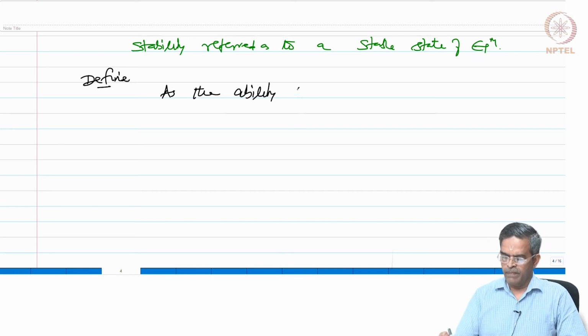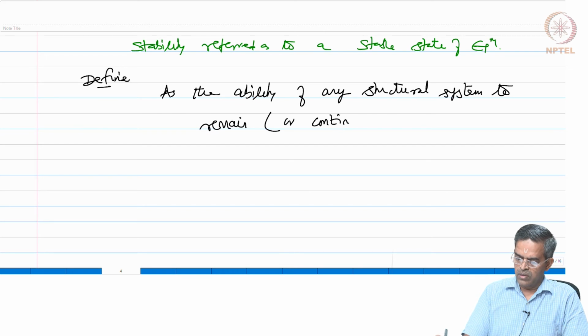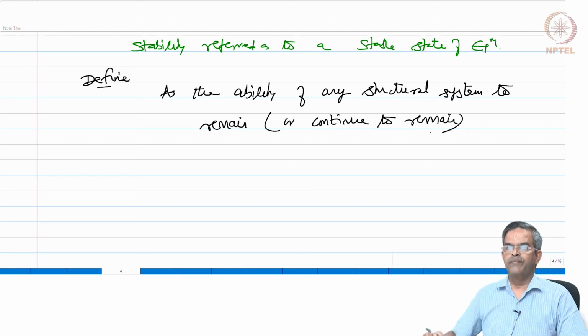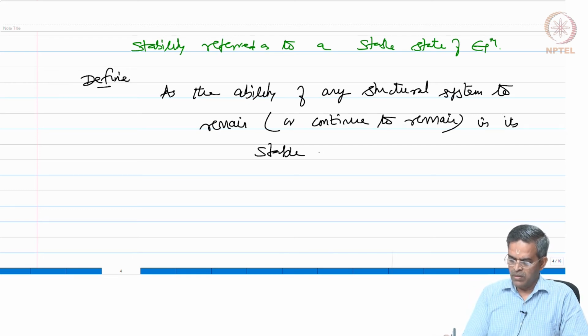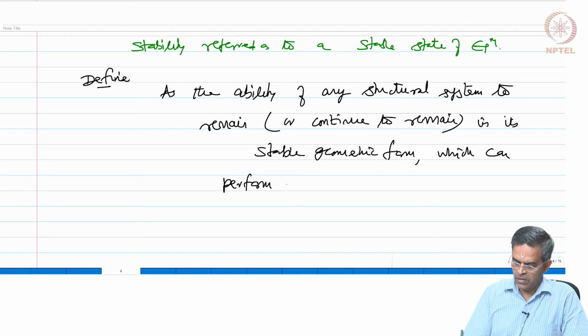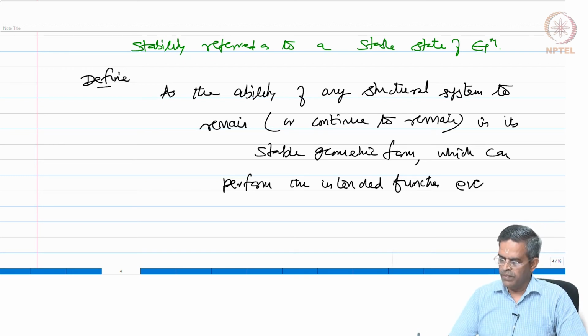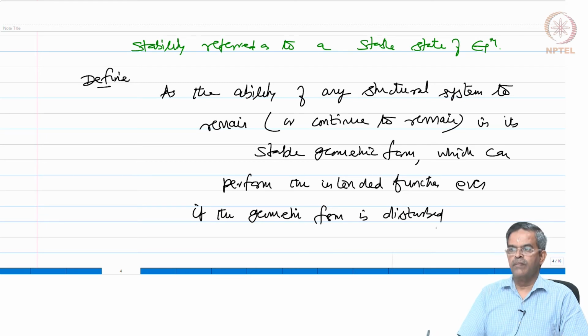Stability, the ability of any structural system to remain, or continue to remain, in its stable geometric form which can perform the intended function even if the geometric position is disturbed by external forces.